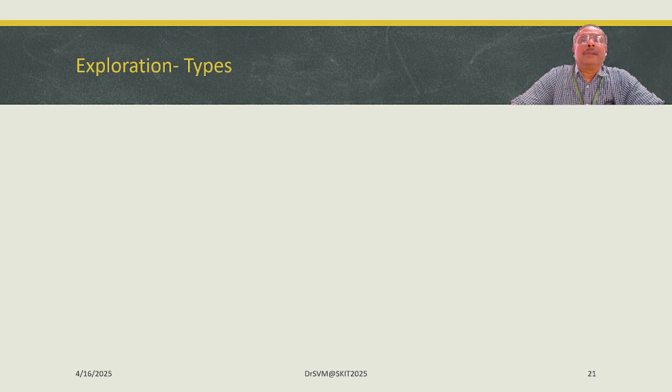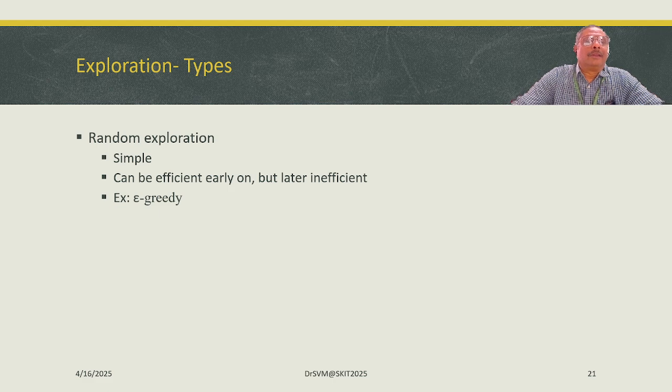There are various types of exploration processes, so let's look at them one by one. The simplest possible is random exploration. Here the action selected at any given state is randomly selected, and because of random selection, we don't have to think much.